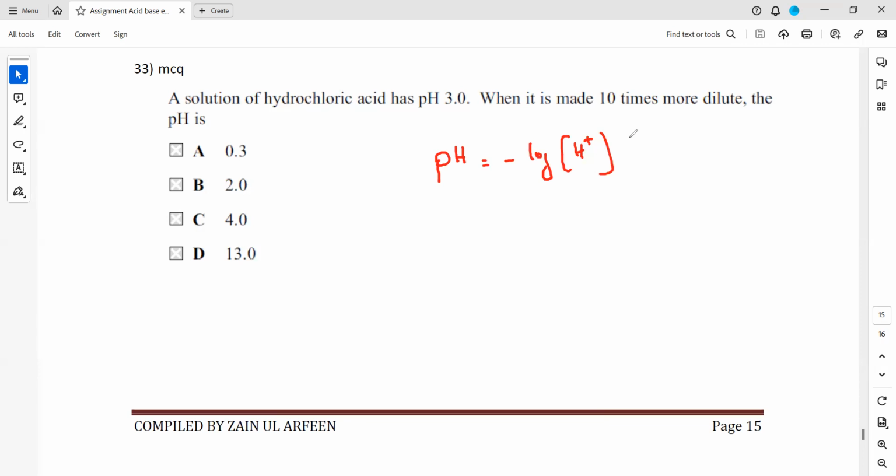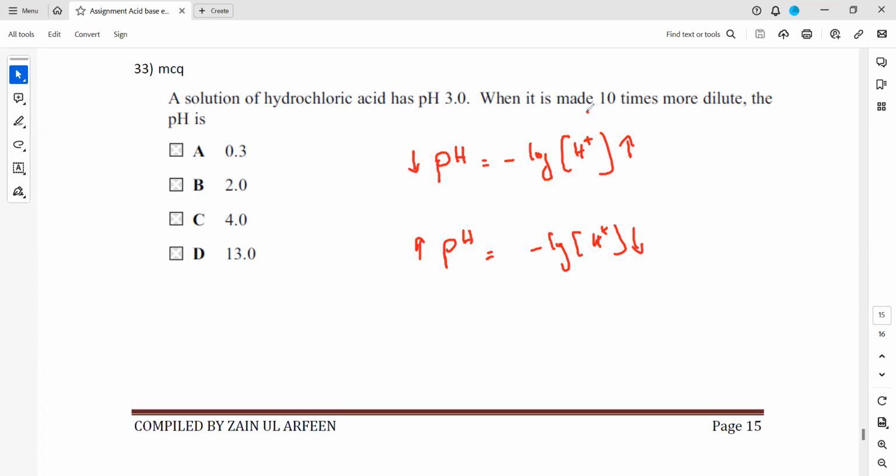The relation between the hydrogen ion concentration and the pH is inverse. If the solution's hydrogen ion concentration increases, the pH of the solution will decrease. And if we have less hydrogen ion, then the pH of the solution will increase.